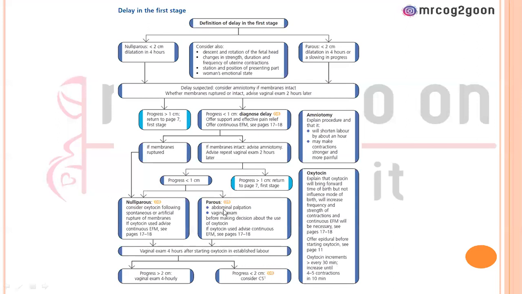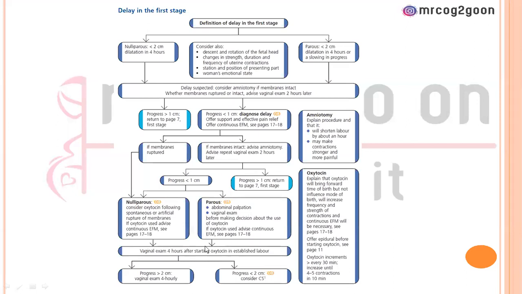For parous women, we will do abdominal palpation and vaginal examination before making any choice of oxytocin. Okay, and always with oxytocin, we will go for continuous electronic fetal monitoring. We will do a vaginal examination 4 hours after oxytocin.